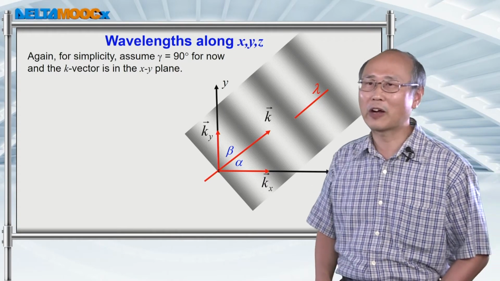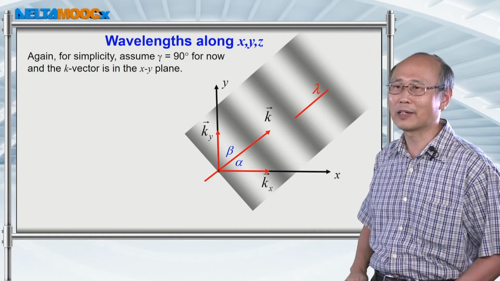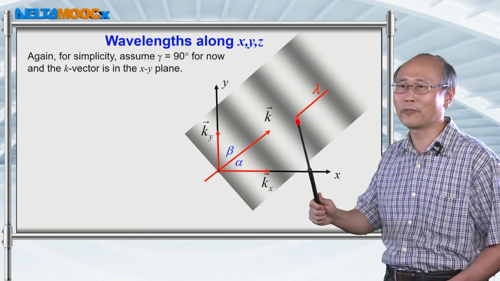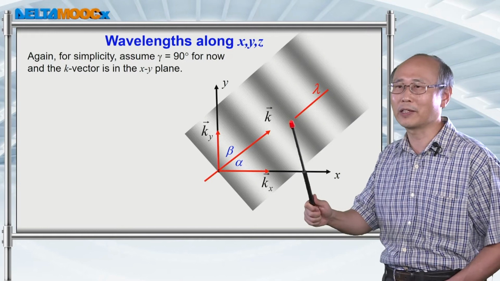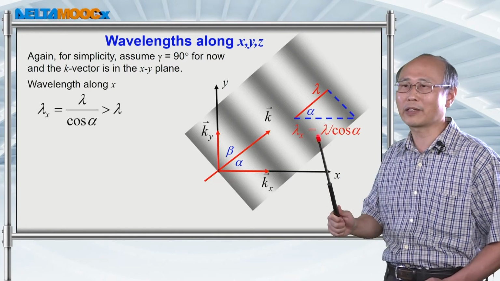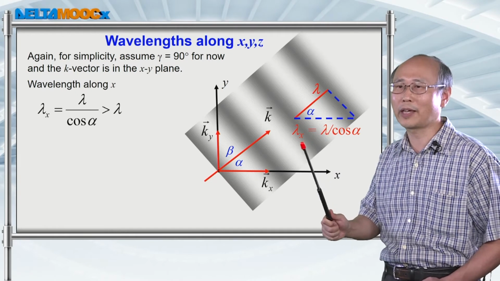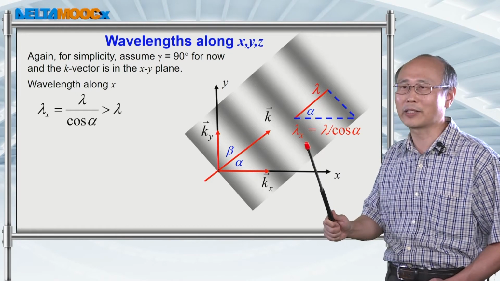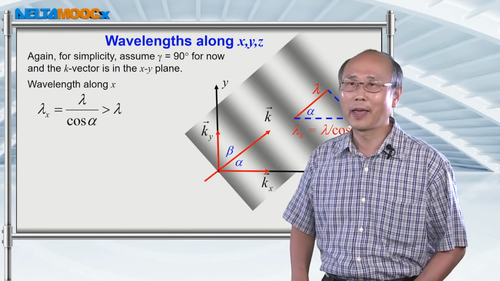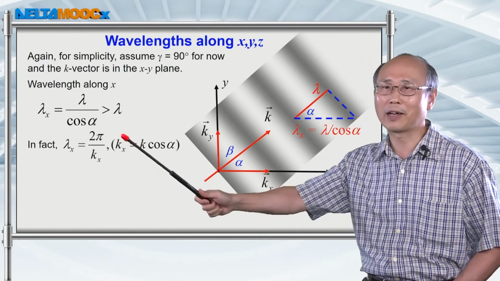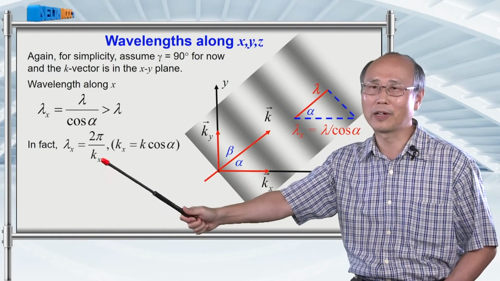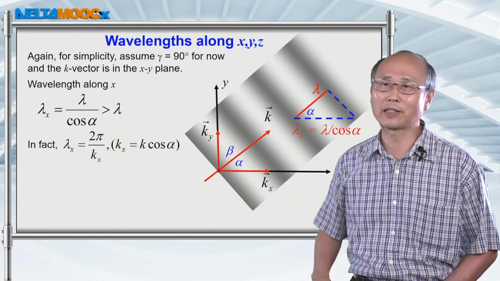If you want to figure out the wavelength along the x direction, you figure out the periodicity of the pattern along this x direction. You can construct this triangle to deduce that the wavelength along the x direction is equal to lambda divided by cosine alpha. In fact, this value can also be deduced from 2 pi over kx.